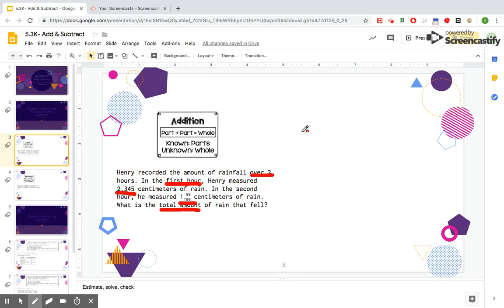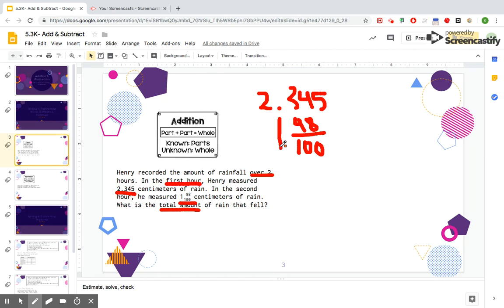So I know that I'm going to have to add those two numbers. So I'm going to pull them out of here. I have 2 and 345 thousandths, and then I also have 1 and 98 hundredths. What I notice about those numbers right now is they are not very compatible.